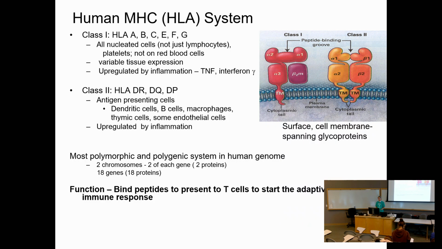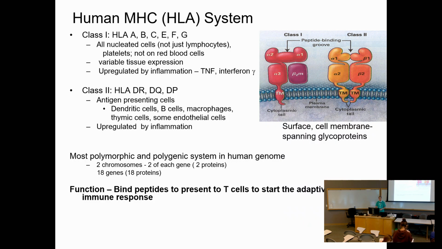Class 2 are HLA-DR, DQ, and DP, found on the antigen-presenting cells, primarily dendritic cells, B cells, macrophages, and thymic cells. We said they're the most polymorphic and polygenic system because we have developed this over time to be able to present peptides from different pathogens to kick off the adaptive immune response.